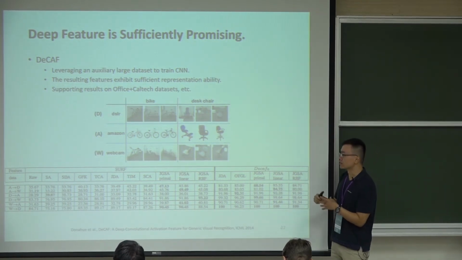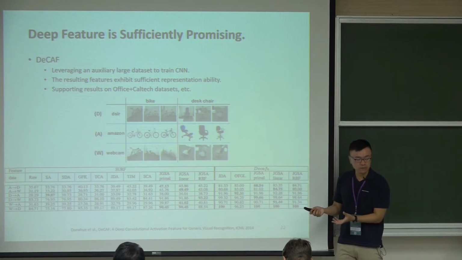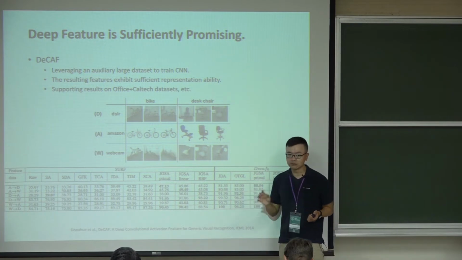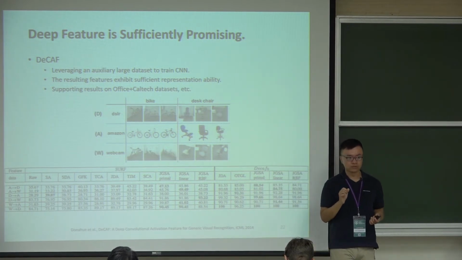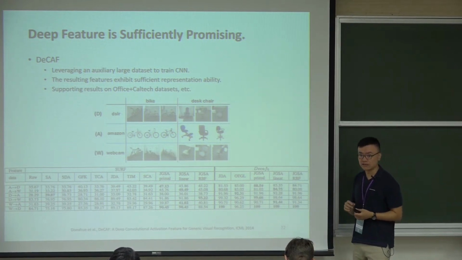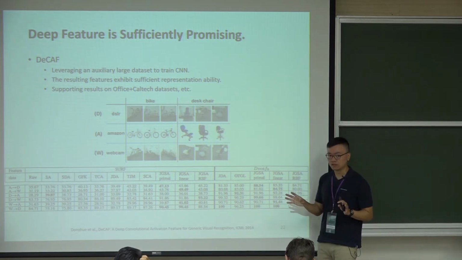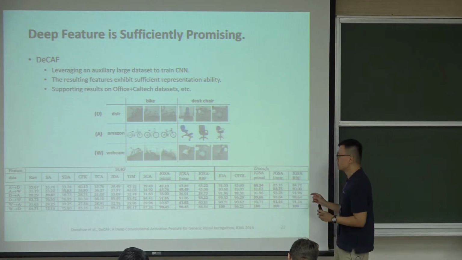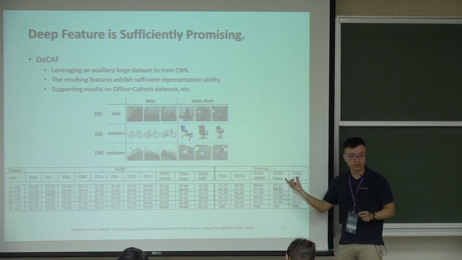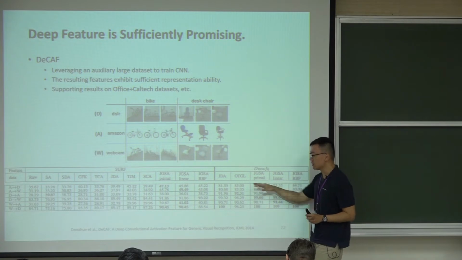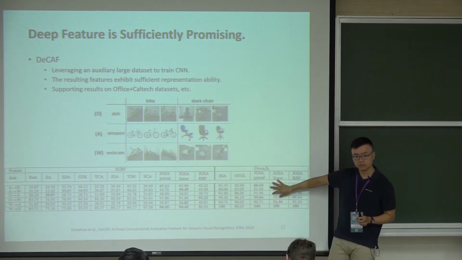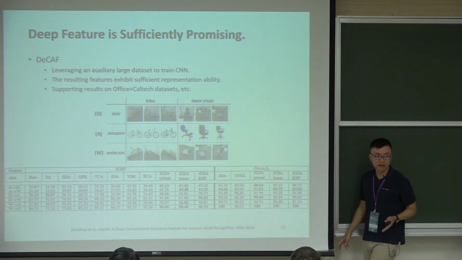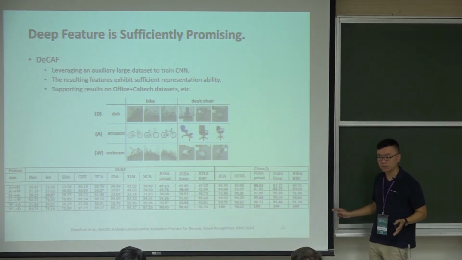For example, if you train on image datasets with objects, but eventually you are using the model to extract features to recognize animals, even though the classes of interest are not overlapping, because the features are very, very powerful, you are still able to do a good job in this domain adaptation task. The domain shift, the domain bias, is not that remarkable anymore.